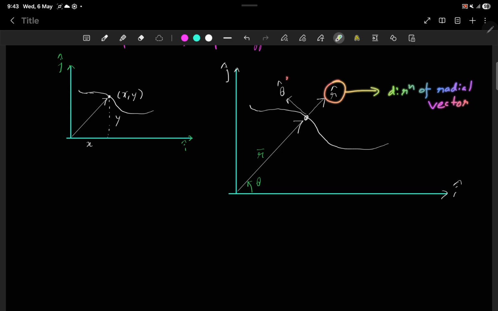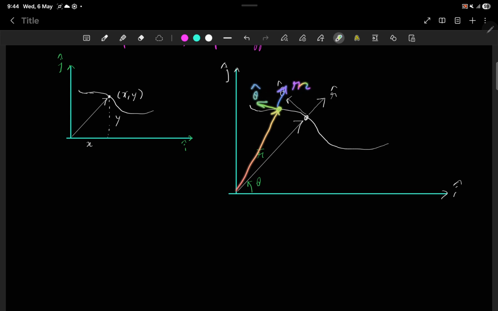This is the direction of the radial vector, and this is the transverse direction. Whenever the particle travels to another point, I will have a theta cap and an r cap there too. They will change obviously, but I will have them all along this curve.